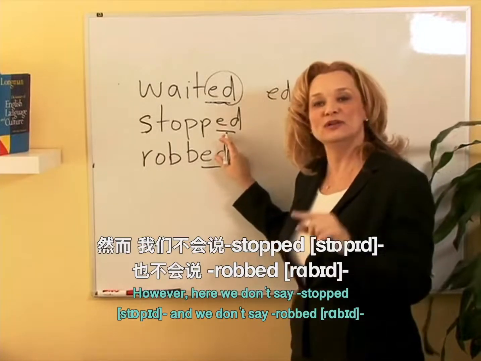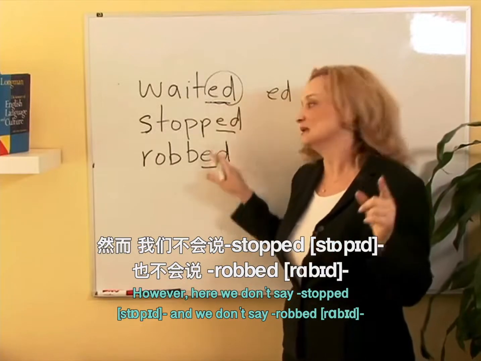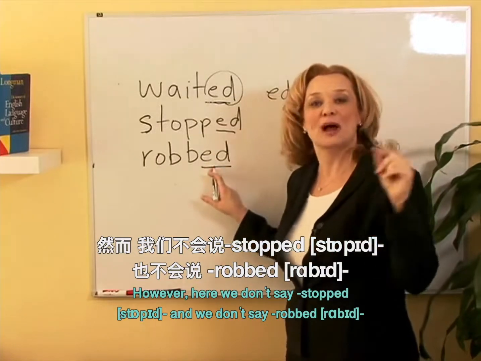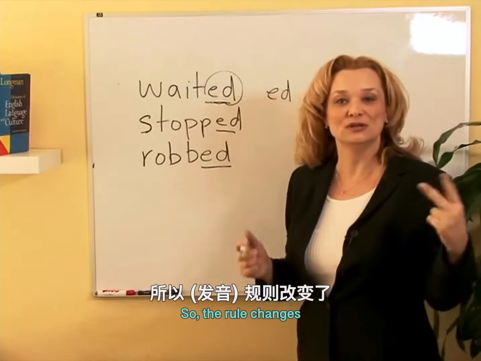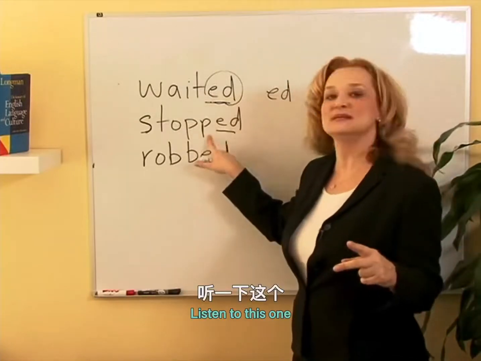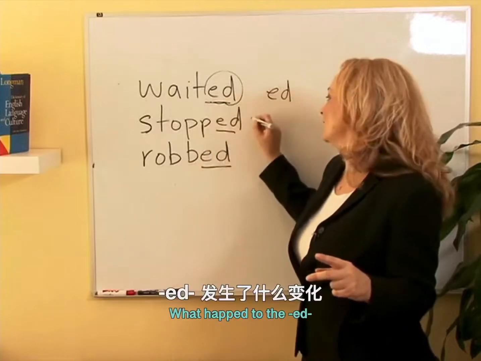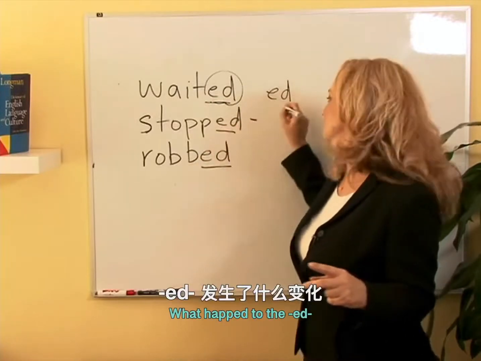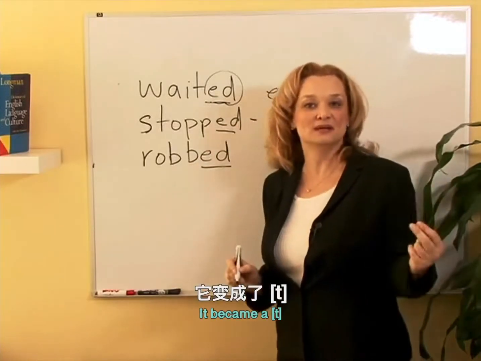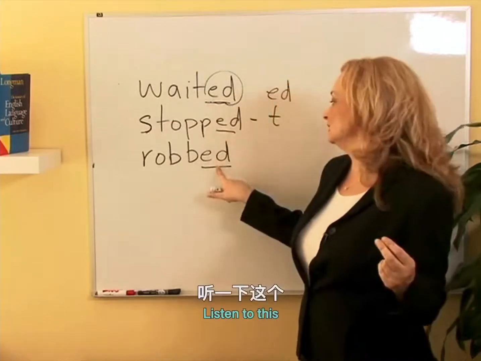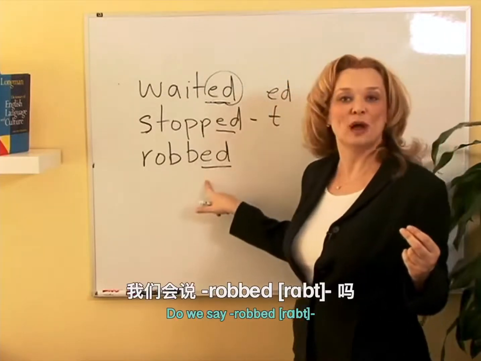However, here we don't say "stop-ed" and we don't say "rob-ed." So the rule changes. Listen to this one: stopped. What happened to the ED? It became a T, stopped. Listen to this. Do we say "robt"?